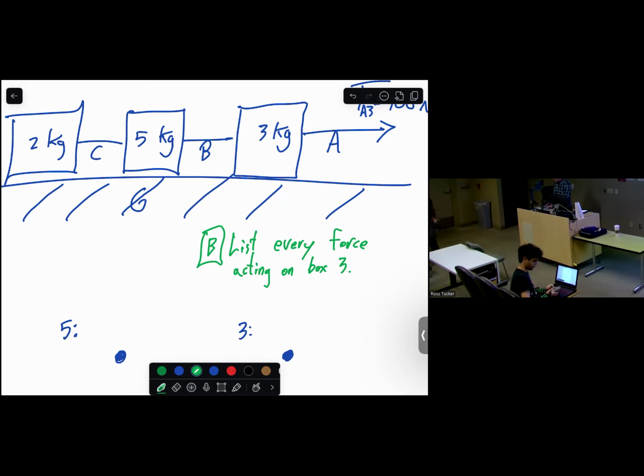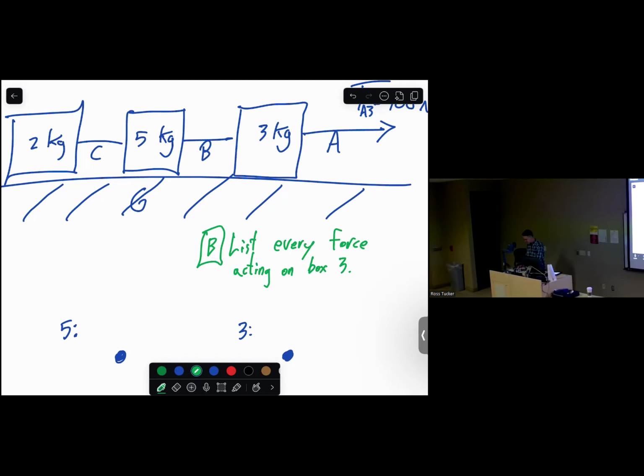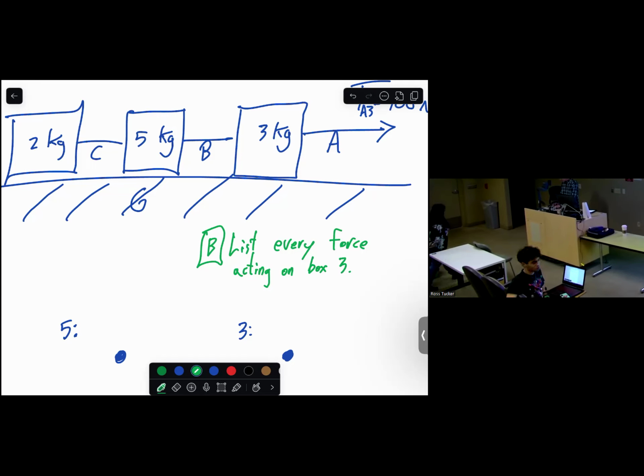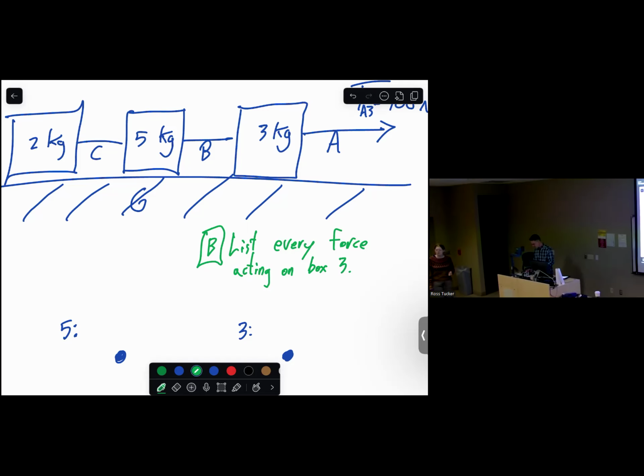Assume there's no friction. Assume that things without masses, like strings without masses, are massless.